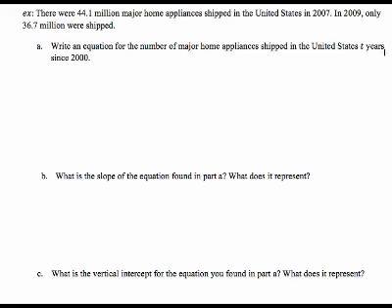Okay, this one is giving me the variable. So T is the number of years since 2000. You might want to write that out. I'll just underline it. So I'm given one variable, my T. I am not given this other variable, so I can call it whatever I want.